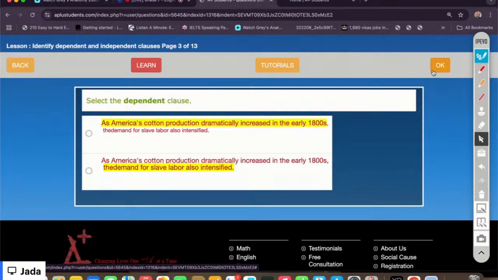So this also we need to find the dependent clause. As Americans' cotton production dramatically increased in the 1800s, the demand for slave labor also intensified. So which one is the dependent clause? You can tell me.